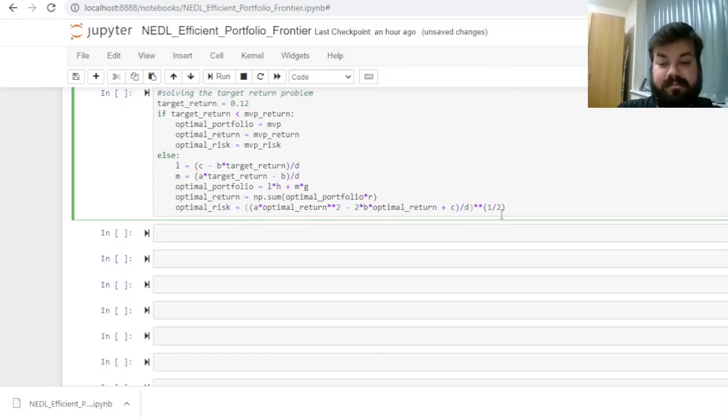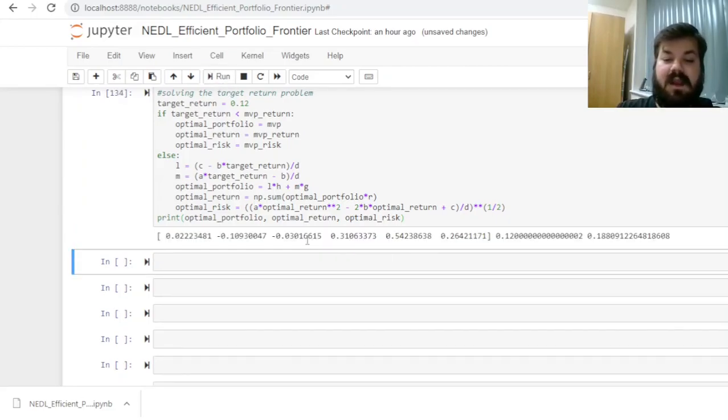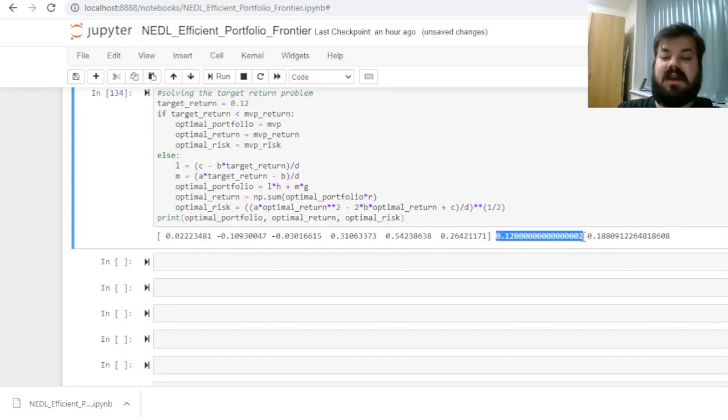And finally, we can print what we have got on our hands. We can print our optimal portfolio, our optimal return, and our optimal risk. And if we run this code, we'll get our portfolio weights, our return, which is a rounding error away from 12% exactly, as well as the risk as per the efficient portfolio frontier.